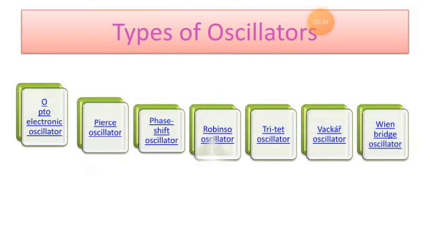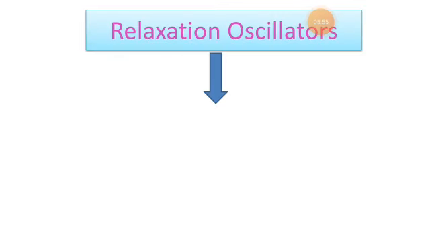Again, the linear or harmonic oscillators include optoelectronic oscillator, phase shift oscillator, Robinson oscillator, tri-tet oscillator, Wien bridge oscillator. Not all of these, but some types of these oscillators we have to study in this unit.